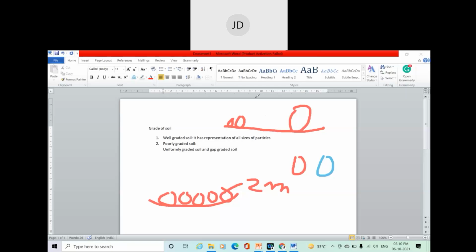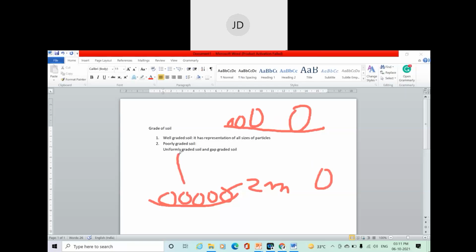It is almost well graded soil, but it is not well graded because certain sizes are missing. If I put them back here, it becomes well graded soil. And if I take any one from the sample, it becomes gap graded soil. And if the soil has all particles of the same size, then it is known as uniformly graded soil.